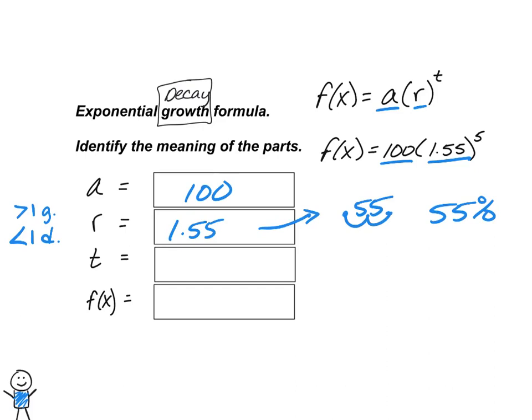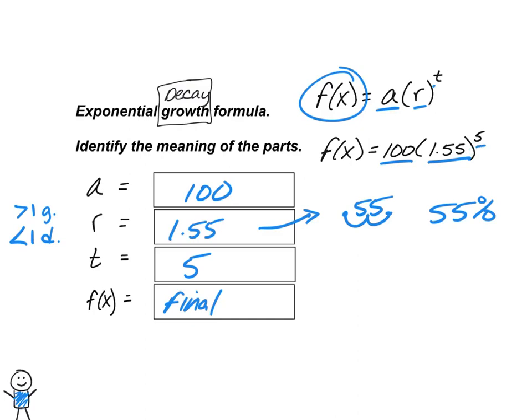The t in this case represents the time, which is a 5. And recall that the f of x is what the final amount will be after we take our 100 starting population and grow it at 55% growth, which is a rate of 1.55, for a period of time being 5 years.